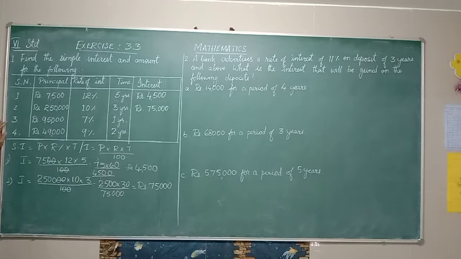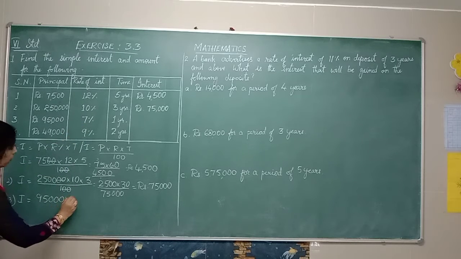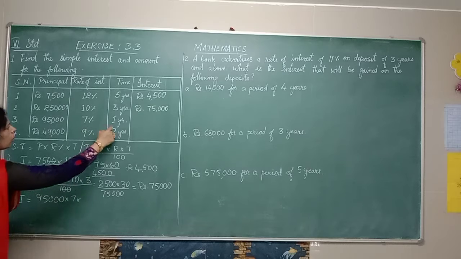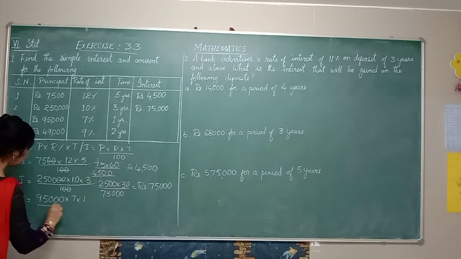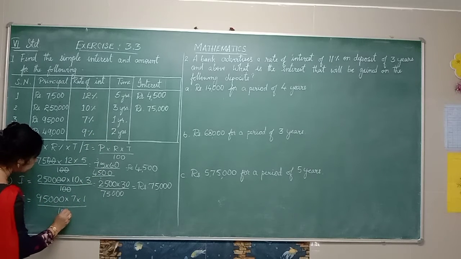Now we will go for the next one. Third one, rupees 95,000. So I is equal to 95,000 into rate of interest, which is 7, into for how many years, 1 year, divided by 100.